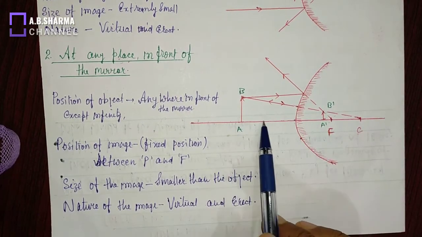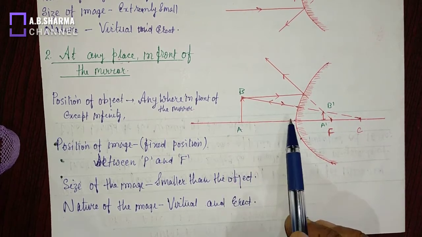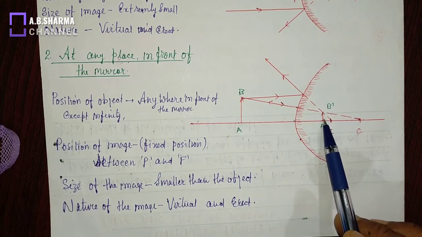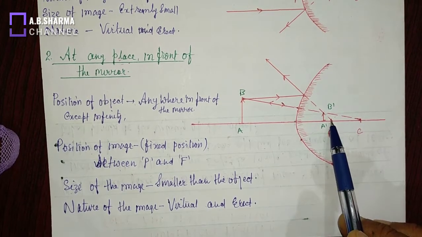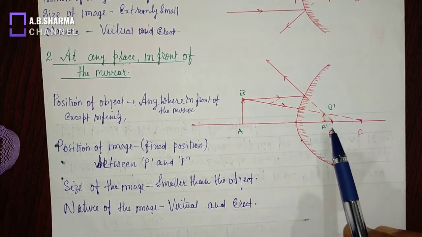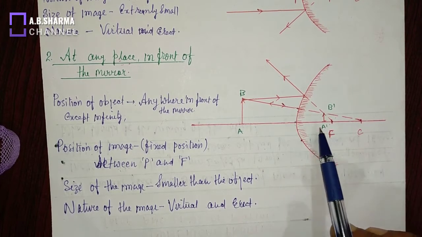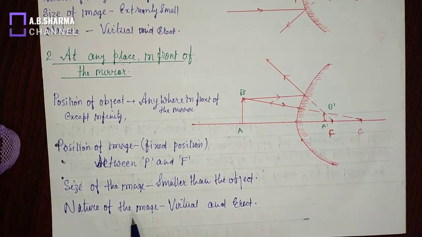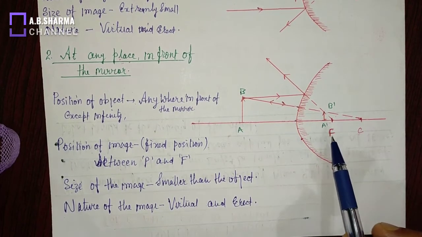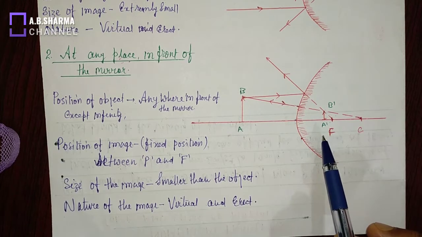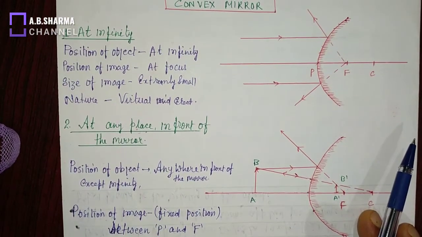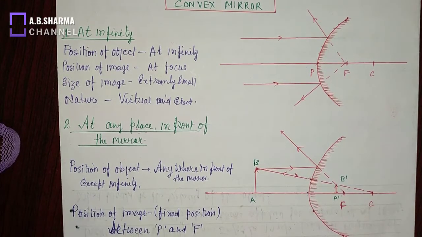At any situation, position of image is fixed. That is, always the image will be found between pole and focus of the mirror. Size of the image, it is always smaller. In case of convex mirror, the image will always be smaller. Remember that. Nature of the image, it is always virtual and erect. You also remember that. This is the case of image formation or ray diagram in convex mirror.